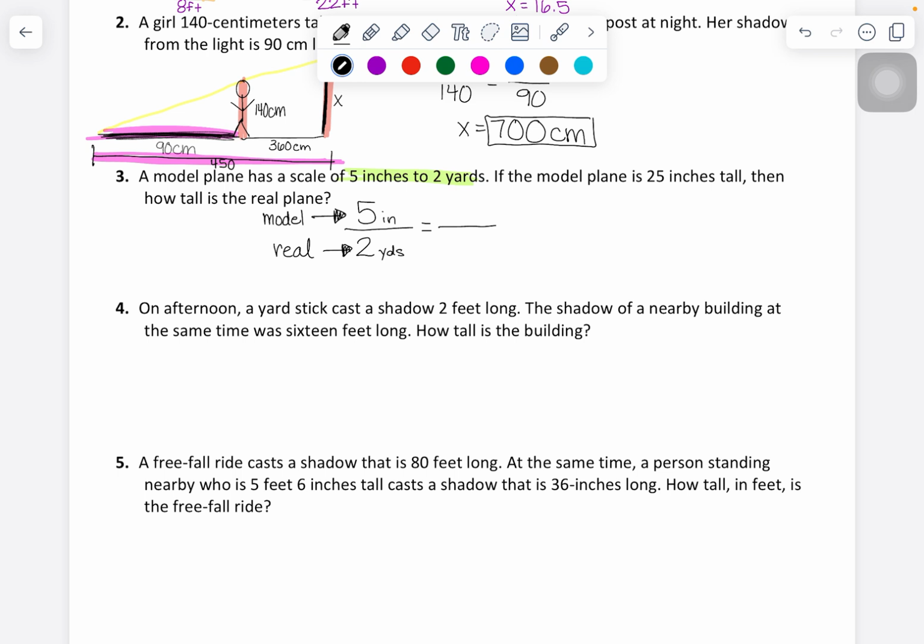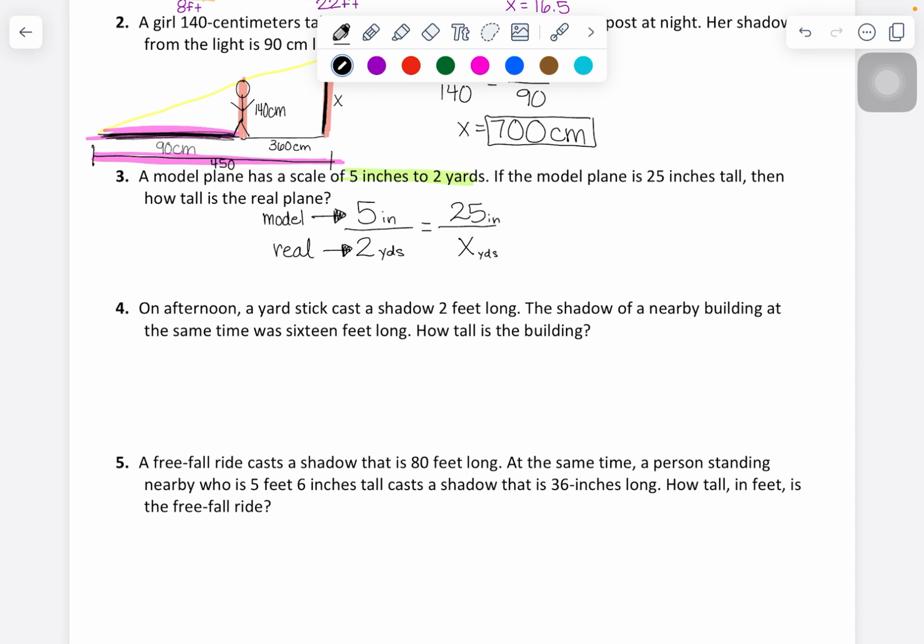I'm given the model plane to be 25 inches tall. And you can kind of use the fact that the top is both inches to help you recognize where to put that. How tall is the real plane? X, and that's going to be in yards then. And then, as always, you cross multiply to solve.